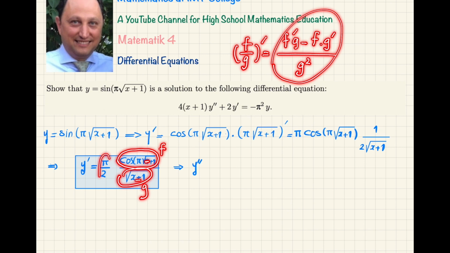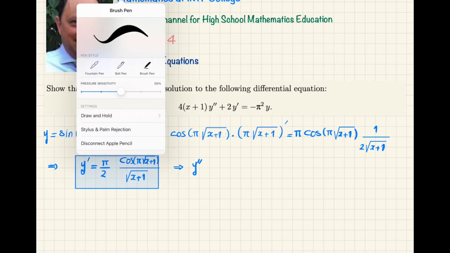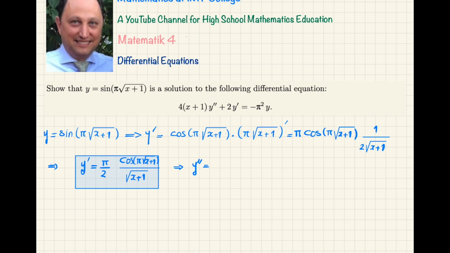But of course pi over 2 is a constant, so I don't need to be bothered by it. I simply put it here, pi over 2, and then I will try to calculate this. What I need to do is the derivative of the numerator. Let me write everything explicitly, not to be in a hurry.